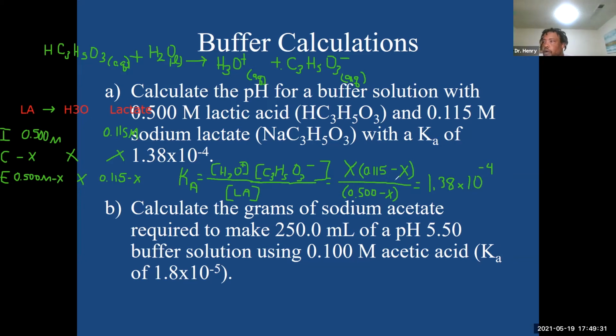So if we go ahead and work this out, we get 0.115x minus x squared. Oh, actually, that should be plus x squared. My bad, because that's a positive value, so it should be a plus.